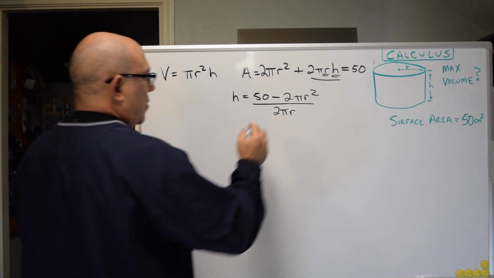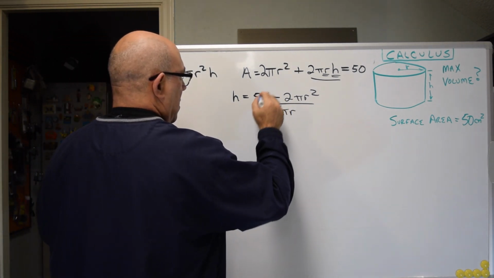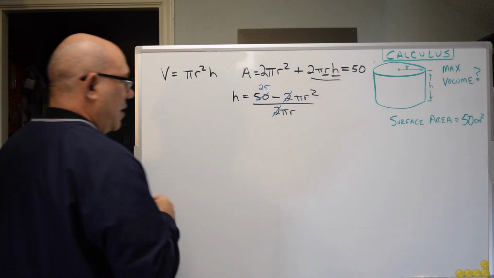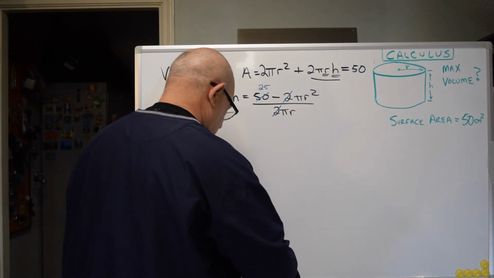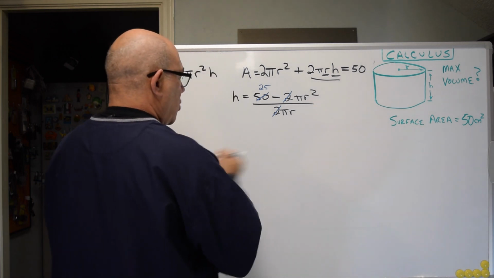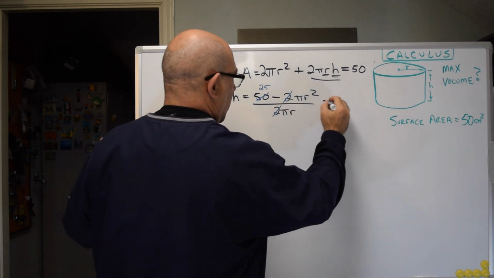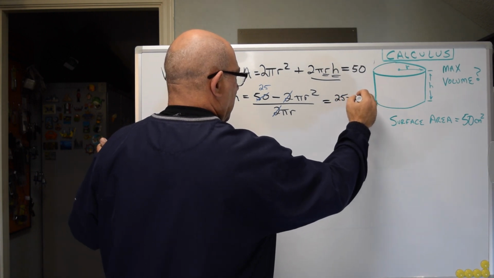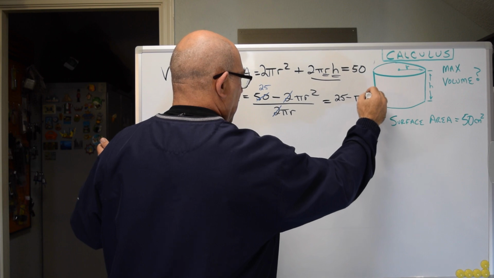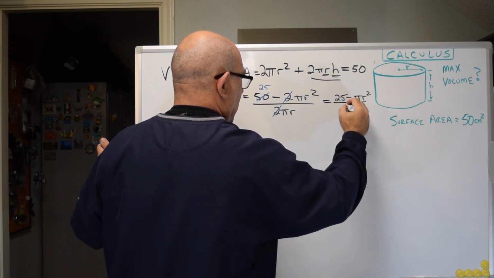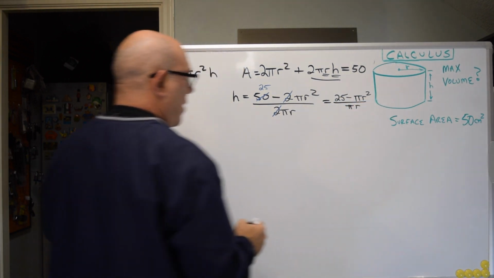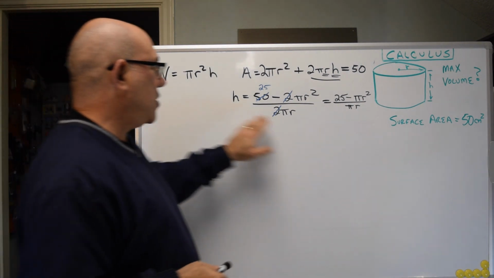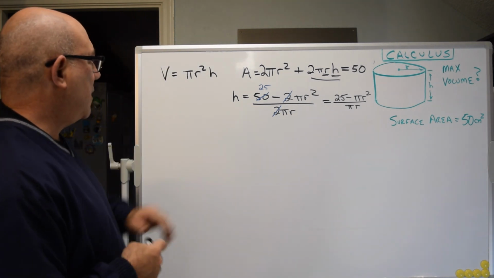We can get rid of the 2, and this will be 25, and we can get rid of the 2 here. So that simplifies to h equals 25 minus pi r squared, over pi r. Okay, so we have h simplified down now. We have h in terms of r.